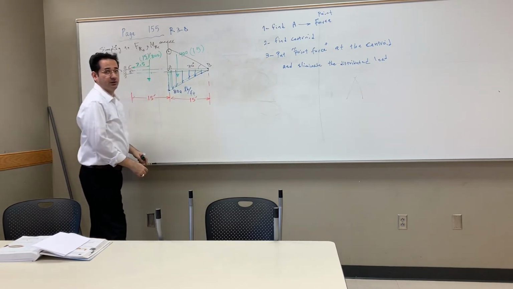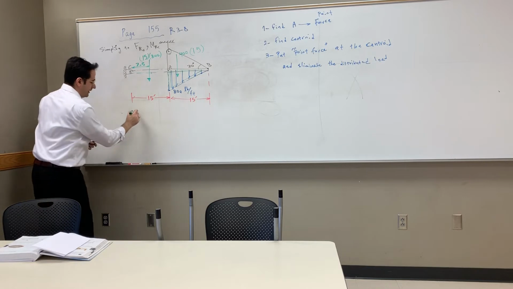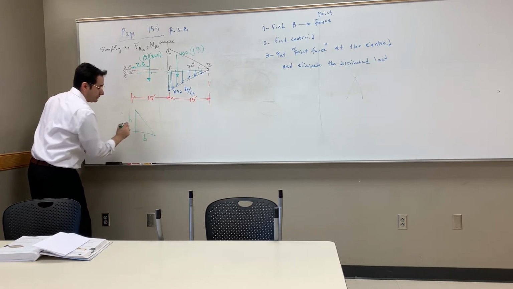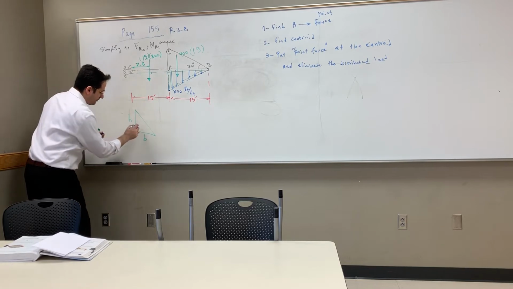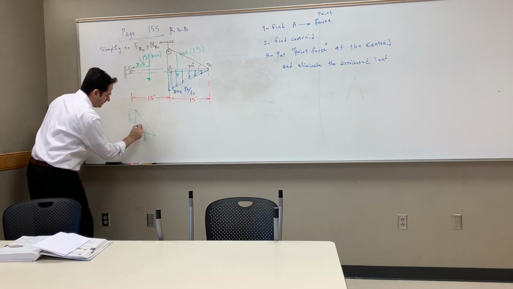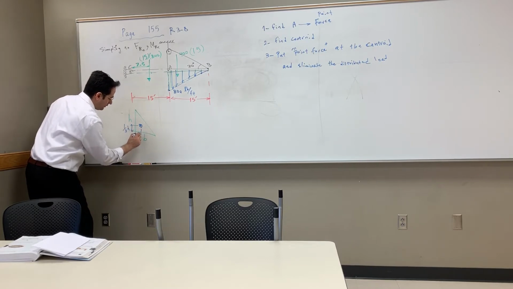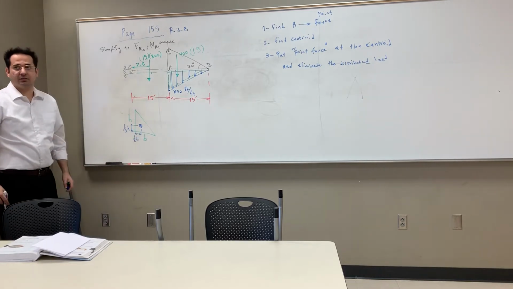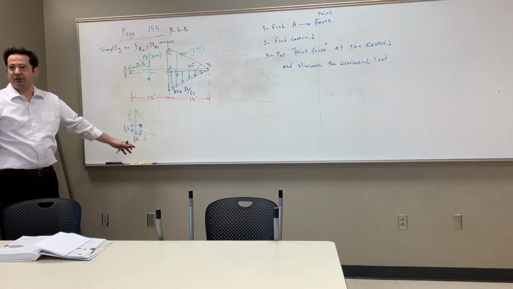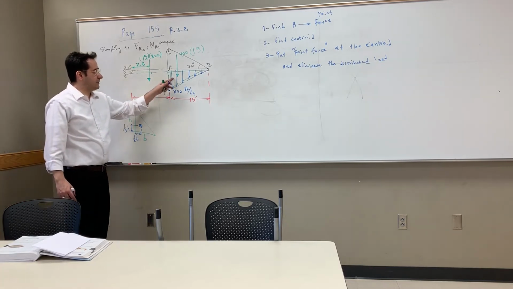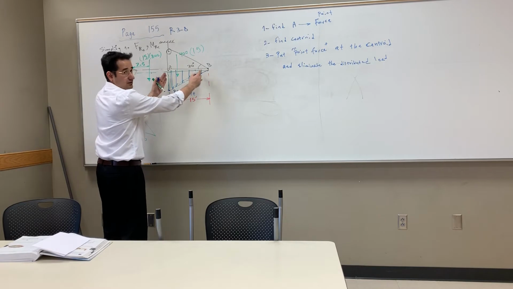Where is the centroid? For a triangle, if you have a triangle like that, this is base, this is height. The centroid is a point like this that is 1/3 of the height and 1/3 of the base. You can derive this using integration, right? So where is the centroid of this triangle from this base?